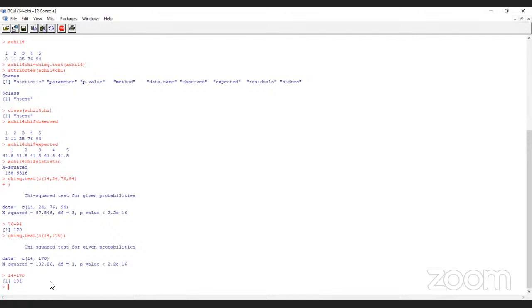And your observed frequency is 14. FO minus FE whole square. So 14 minus 184 whole square, and 170 minus 184 whole square. These two will be totally different, no? The discrepancy will be very high in case of 14, your observed data, and your expected data is 184. Is it clear? Yes, sir.